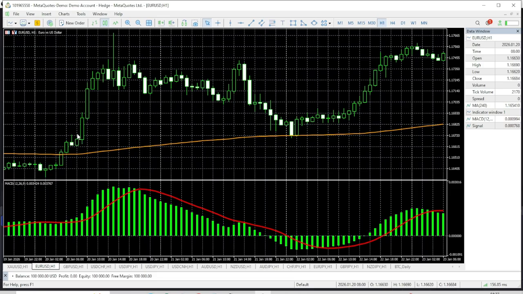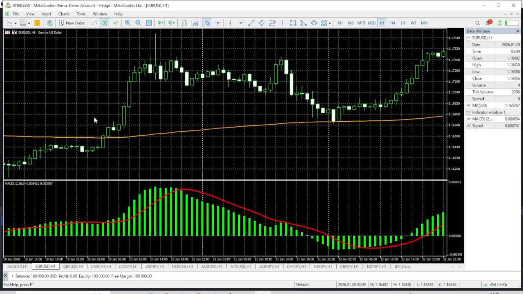As we have here, we have 1, 2, 3, 4 candlesticks that are completely above the EMA 240. No tail touching EMA 240. That is rule number one, because the moving average gives us the direction of the market.